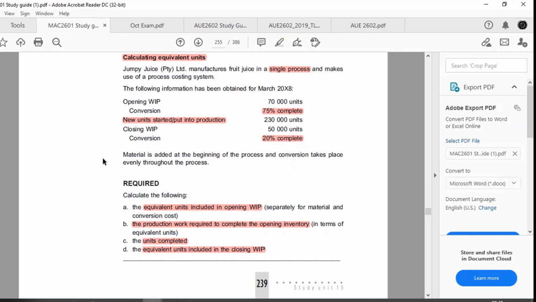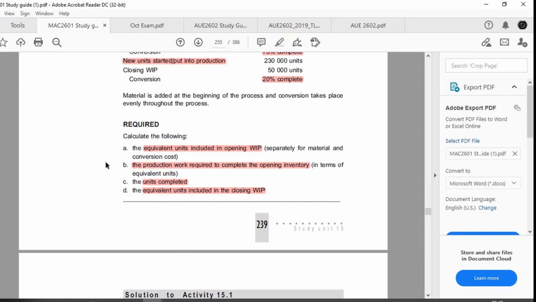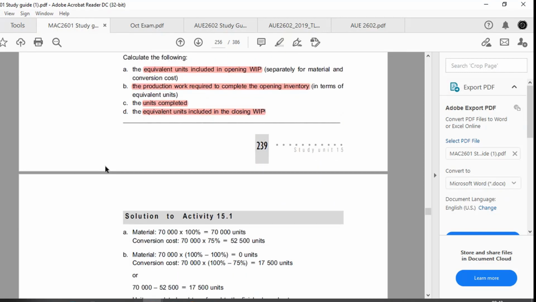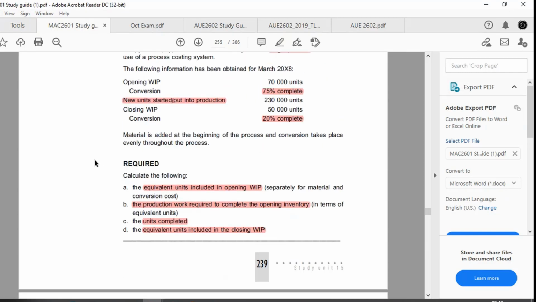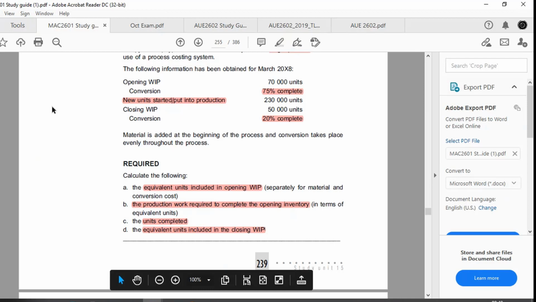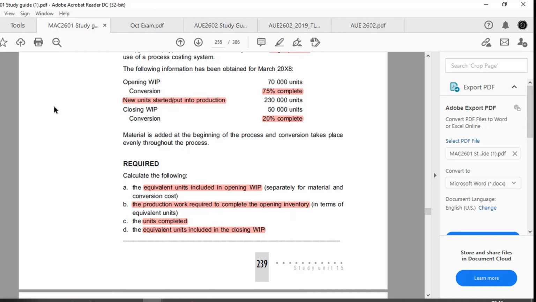For the conversion, it's 75% of the unit that is completed. So it is just your opening balance WIP of 70,000 times the 75%, which gives you 52,500 units. Perfect. So what you recognize is the principle that materials are added at the beginning and they are 100% complete. Okay.